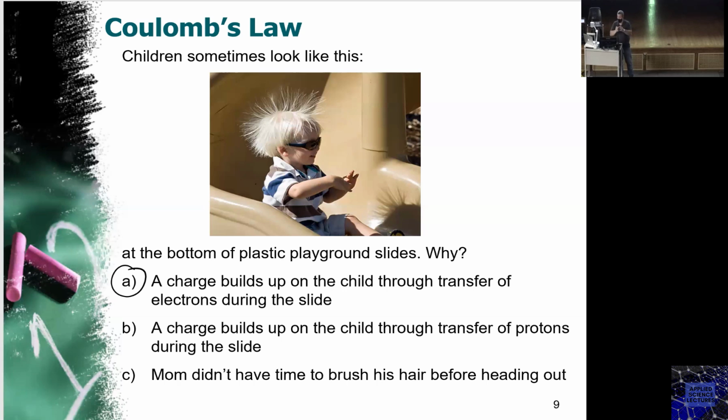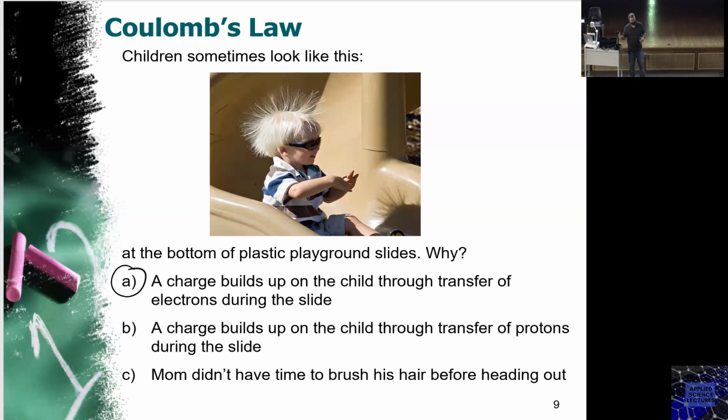However, if an electron moves from one spot to another spot, it leaves spot A, which makes it more positive. And when it goes to spot B, it becomes more electrons than protons, and that's why this becomes negatively charged.